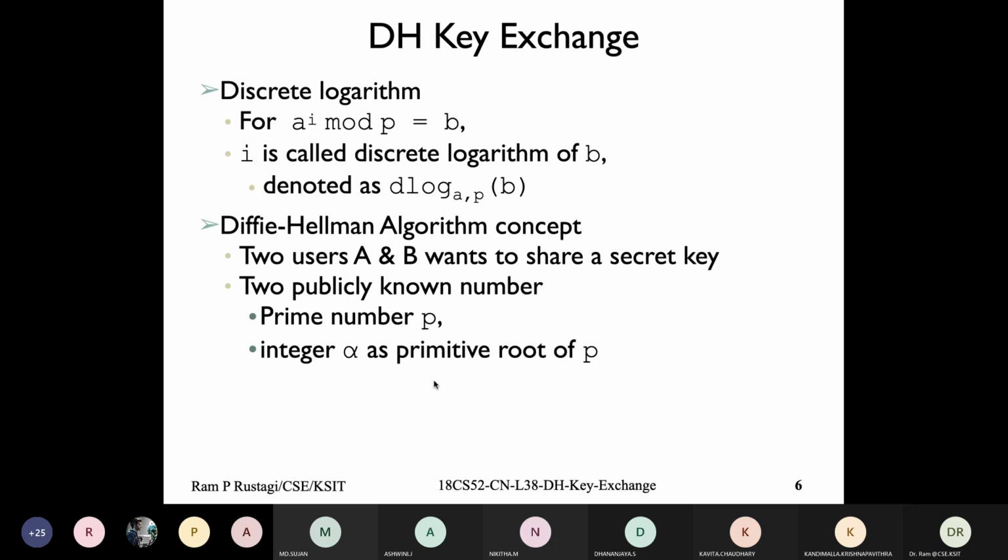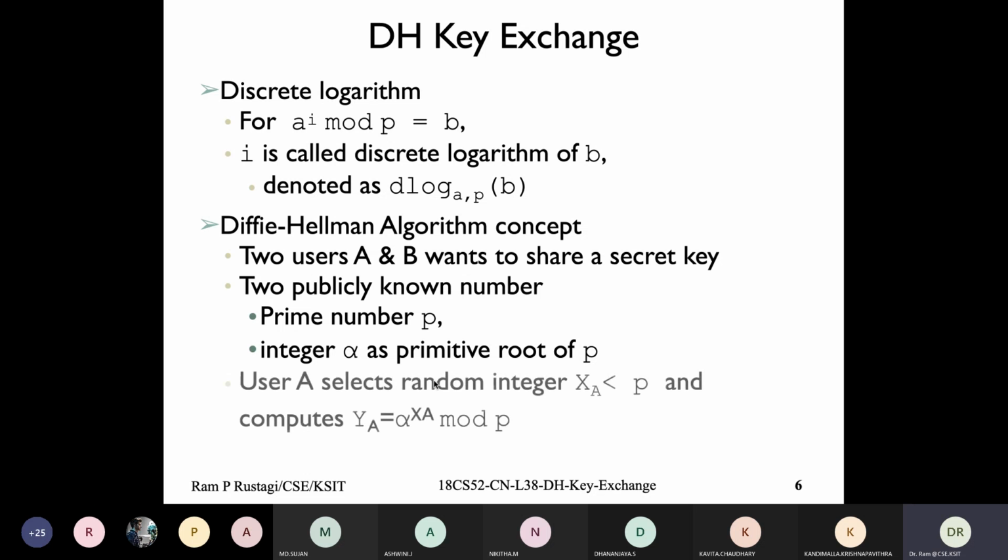Now, where the algorithm plays its role is the following. User A selects some random number, any number they like, less than P. Call it XA.